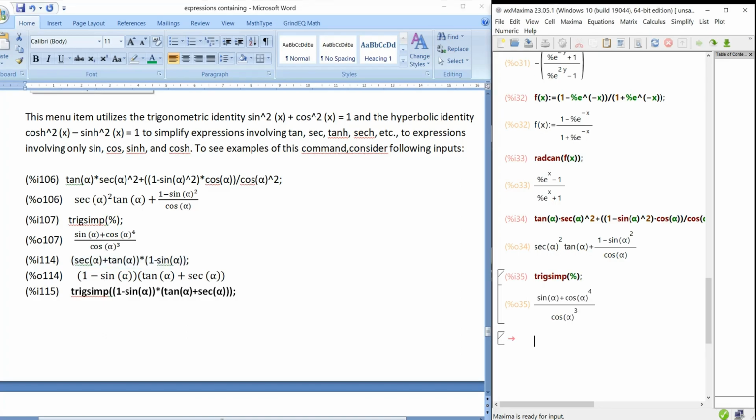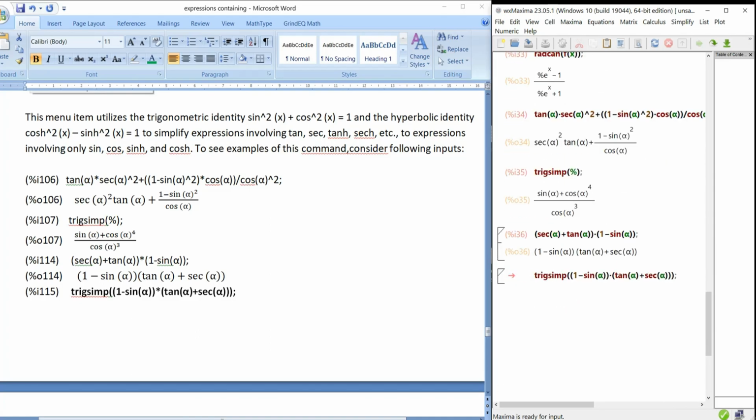Okay, I can take other example also. Let us take this example. Move to new cell, paste the example, press shift followed by enter key. This is the example we are dealing with. 1 minus sin alpha into tan alpha plus secant alpha. Let us see, after application of trigsimp, what output we will get. Instead of this function, look, children, I would have written percent sign only.